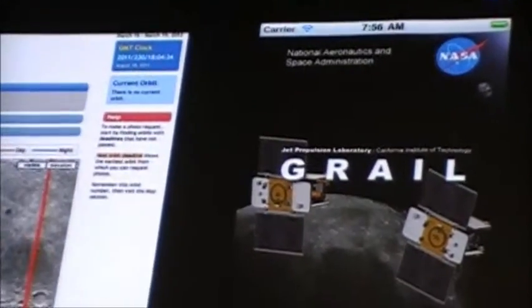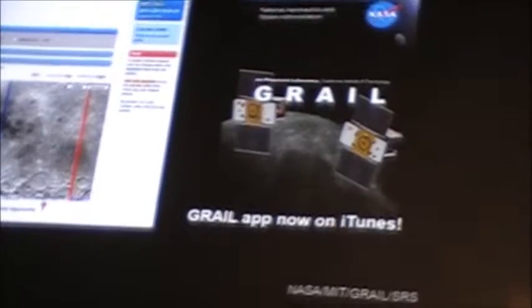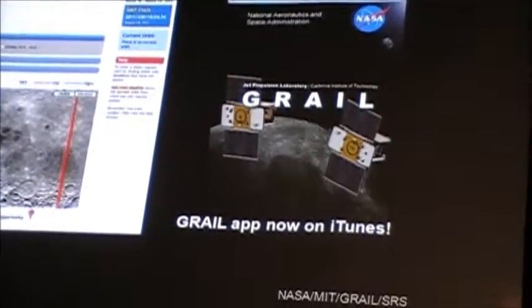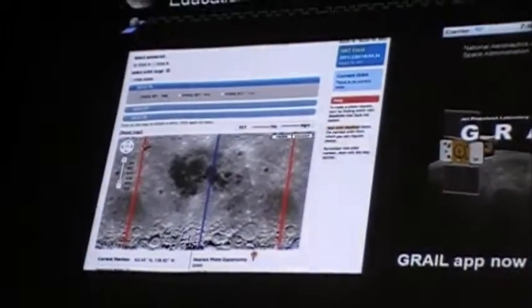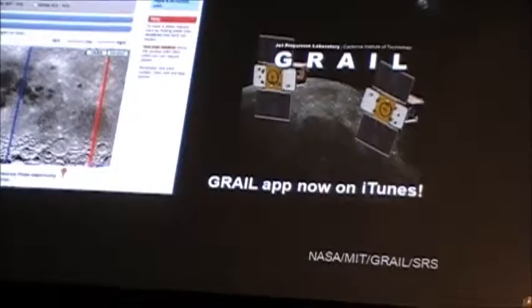So students will be able, they need to learn how to use the targeting software. It'll show you where the two spacecraft are going to be at a given time, and the students can propose images, and these commands will be uploaded to the spacecraft by undergraduates. And we've just released an app for the mission.